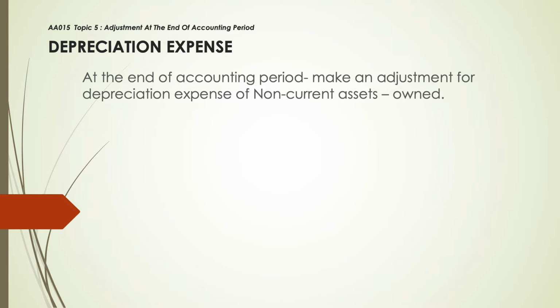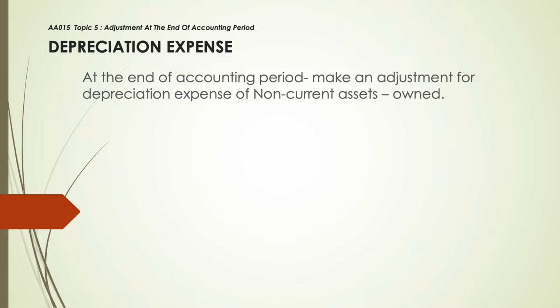At the end of accounting period, we have to make an adjustment for depreciation expense of non-current assets that we own, because depreciation is a process of allocating the cost of an asset as an expense over its useful life. How to journal depreciation?